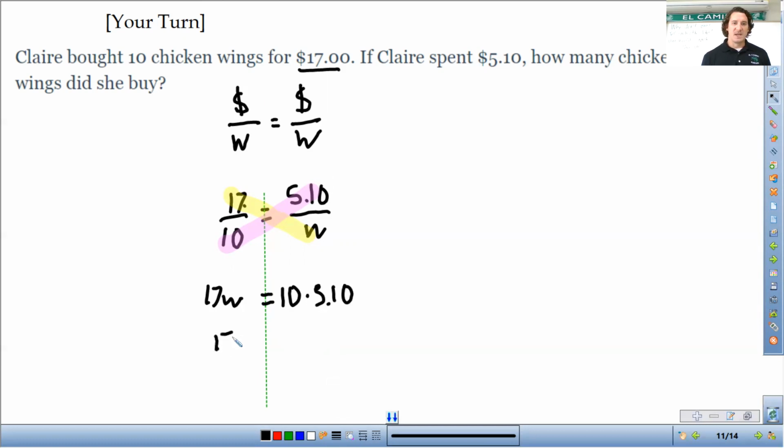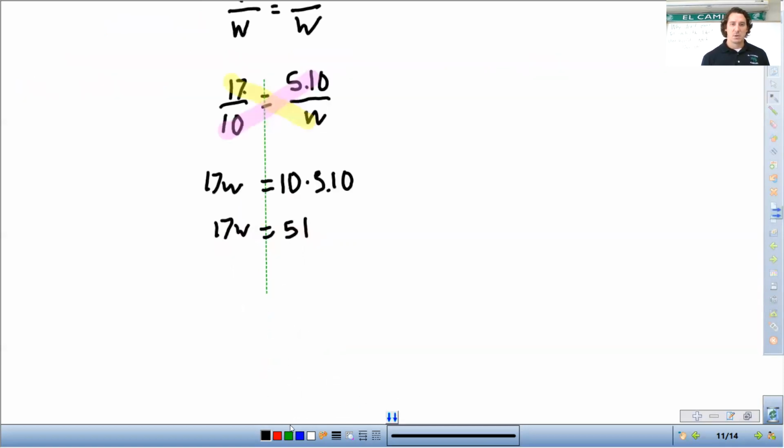So you get 17W is equal to 10 times 5.10, which is 51. Divide both sides by 17 now. 17 divided by 17 cancels out, and you get W is equal to 3.